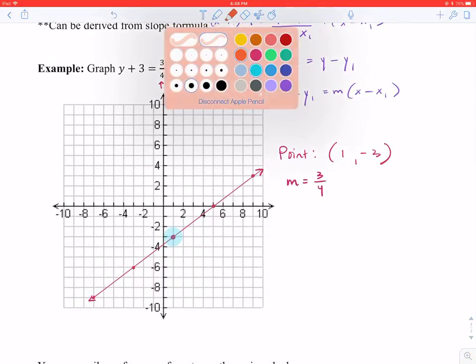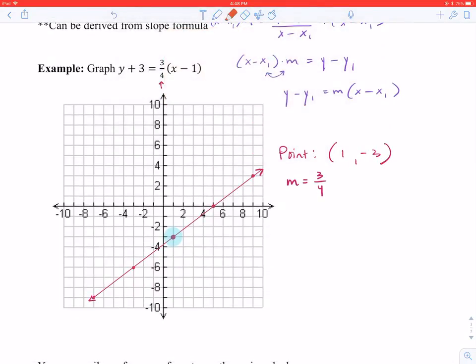Like if we wanted to write an equation using, say, this point, right? That's 9, 3. So the equation that would represent the exact same line, but using this point, would be y minus 3 equals 3/4 times x minus 9.